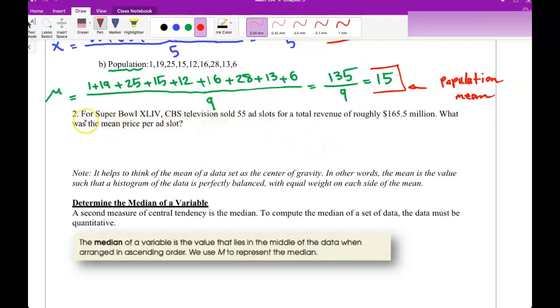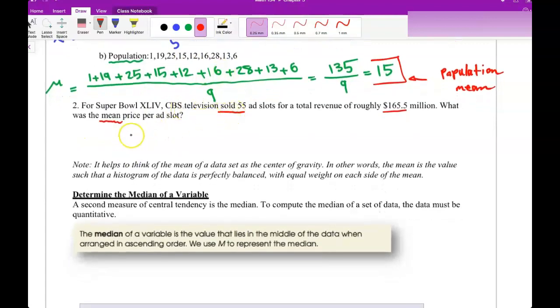Okay, number 2. Here on this board, they sold 55 ad slots for a total revenue of roughly $165.50 million. What was the mean price? We don't need to follow that formula here because we already have the total.